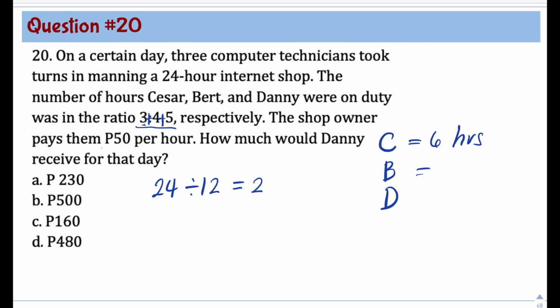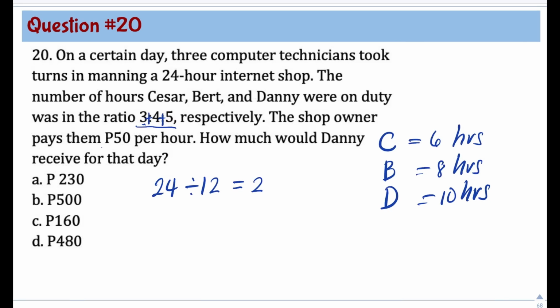For Bert, you need to do 4 times 2, which is 8 hours. And for Danny, 5 times 2, that means 10 hours. And to solve for how much Danny received for that day, we simply multiply 10 hours by 50 pesos, because that's the rate, 50 per hour. So this will be 500 pesos, which is letter B.